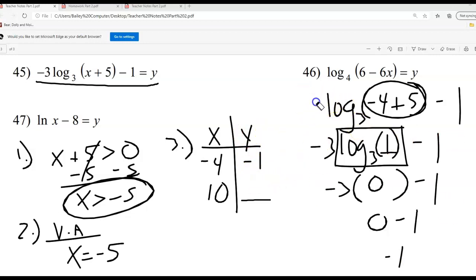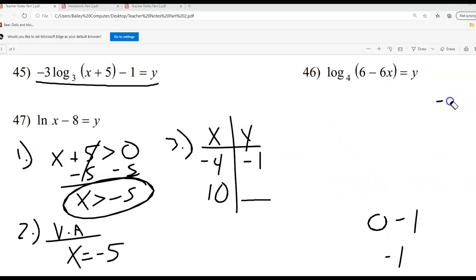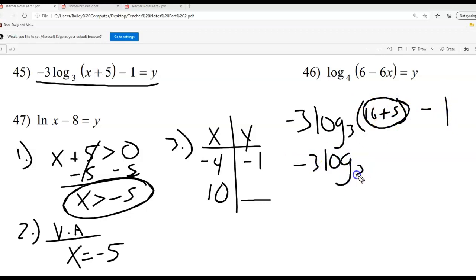The next one probably won't be as friendly, so you'll see how to deal with those. Go ahead and plug in 10 now. So we have -3 log base 3 of (10 plus 5) minus 1. All right, so if we add those together first, we're going to get 15.